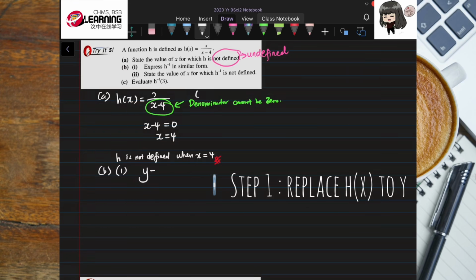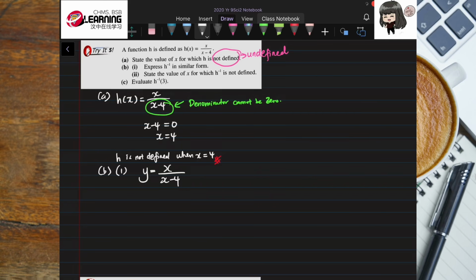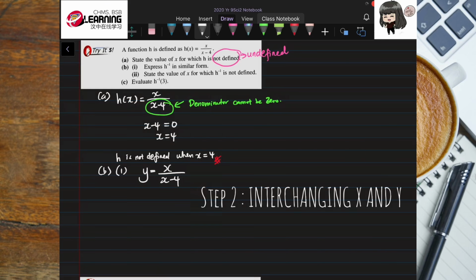So your y equals x over x minus 4. Your step 2 is interchanging x and y. You change the x and the y, so your y becomes x and your x becomes y.